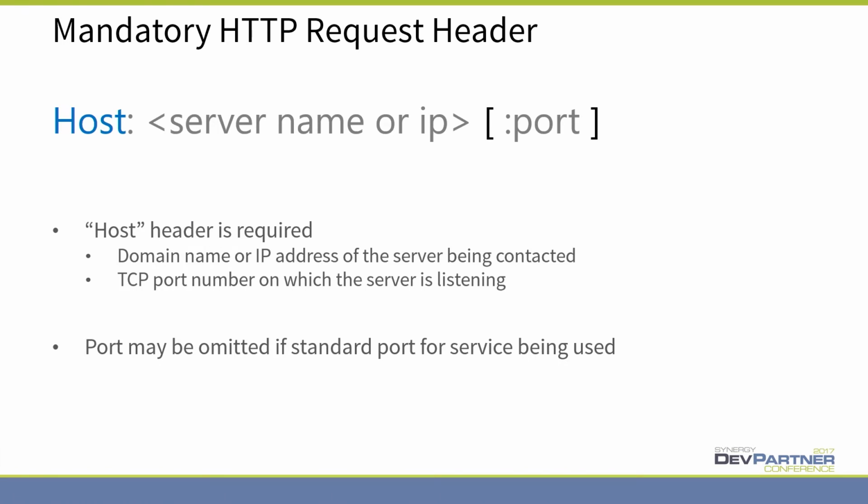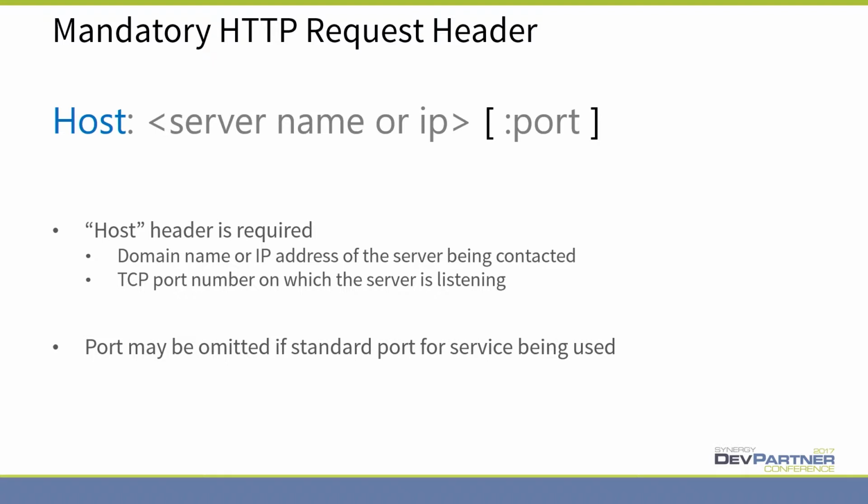There is one mandatory request header. So content type is mandatory for puts and posts. But there is one request header that is mandatory for every call, and that is the host header. So every request you make has to have a host header. Most tools will just insert this stuff automatically for you. And essentially, it's the name or IP address of the server that you're communicating with. And it's used to validate that requests are being sent to the right place, essentially.